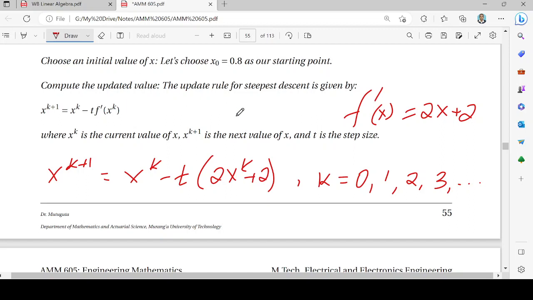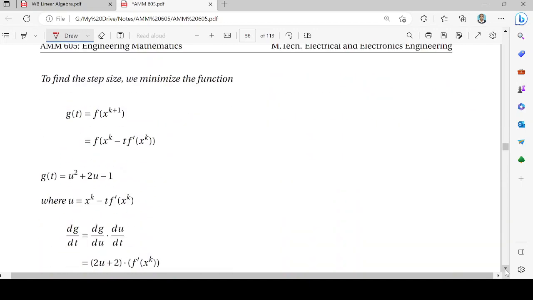Now, the value of t is determined such that g of t, which is equals to f of x k plus 1, is a minimum.